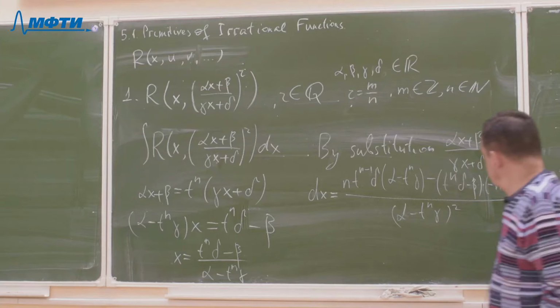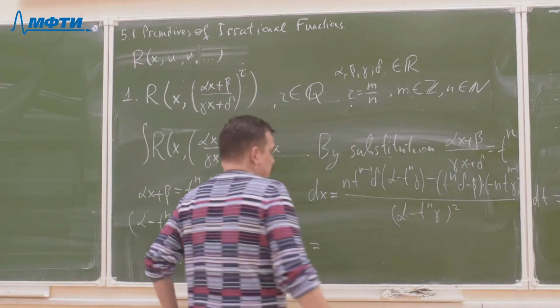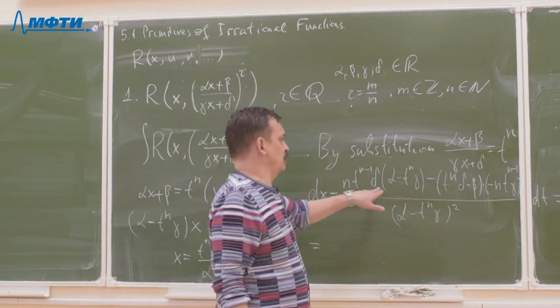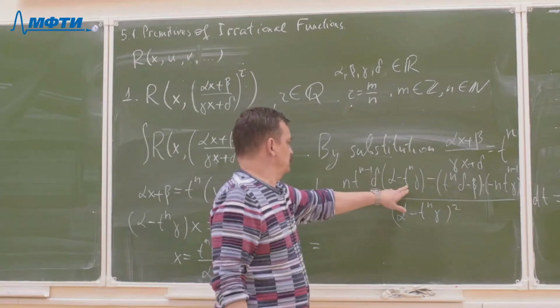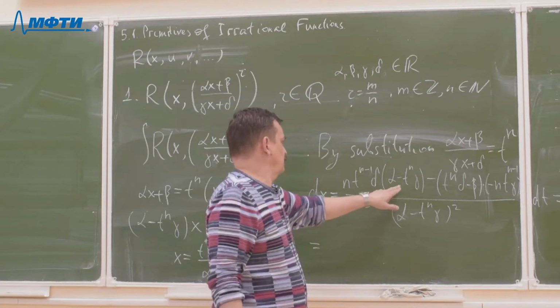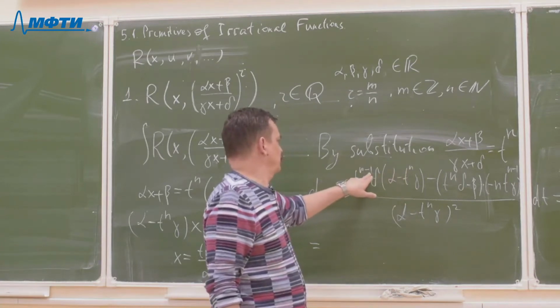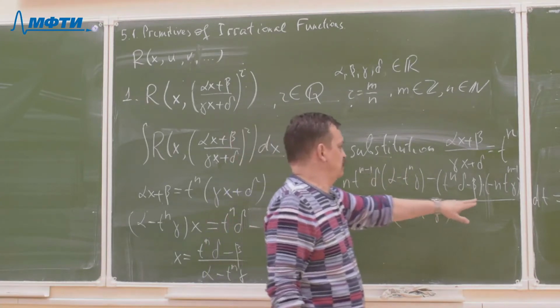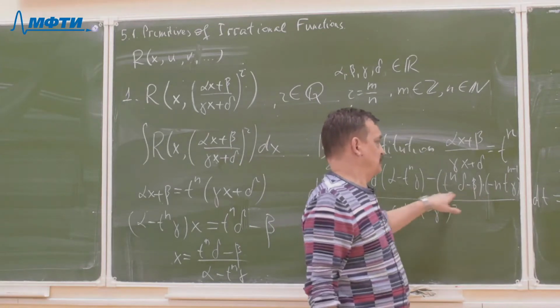And we can simplify a little bit because the delta gamma terms will be cancelled. Delta gamma t to the power 2n minus 1, here with minus and here with plus.